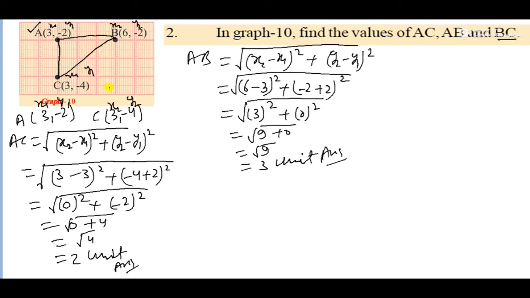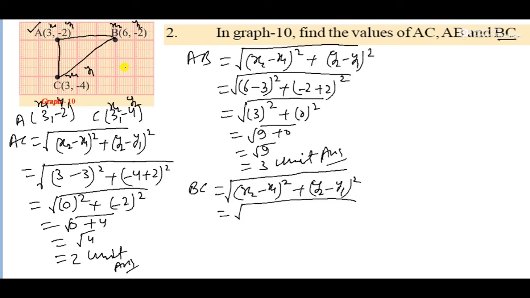First of all you can write the formula x2 minus x1 whole square plus y2 minus y1 whole square. So x2 is given as 6, so you can write 6 minus 3, x1 is 3 whole square and plus y2 is given as minus 2 and minus y1 is minus 2, so it becomes plus 2 and whole square.